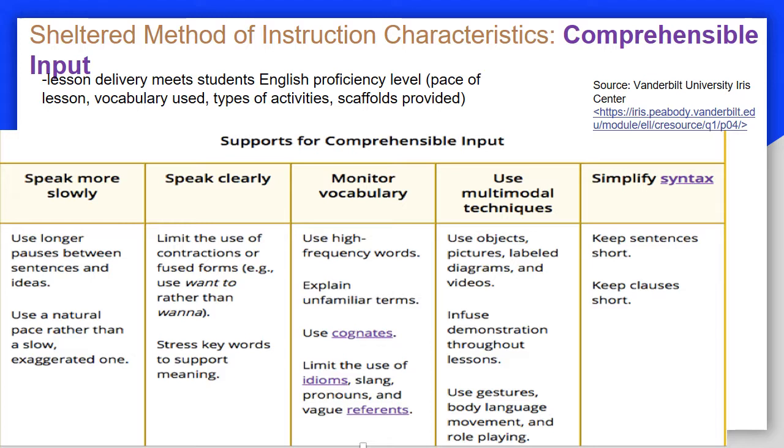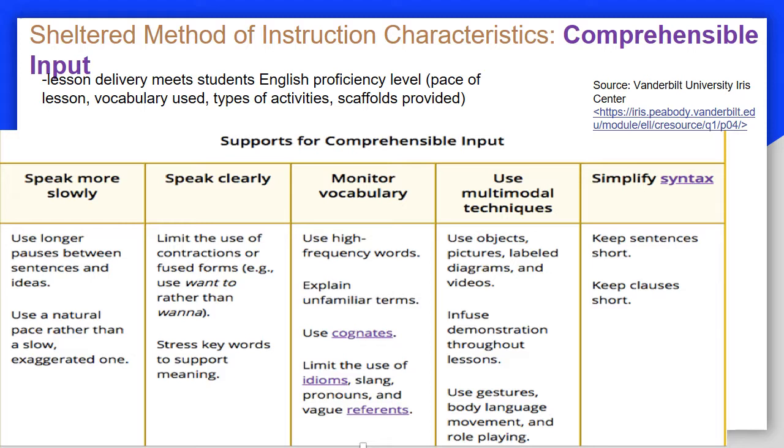And so students are able to understand based on the pace of the lesson, the speed in which it's presented, the vocabulary that the teacher is using, and the activities that students are asked to perform.